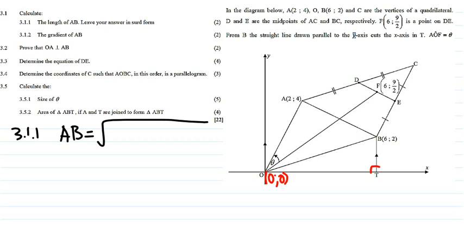So that is change in x all squared plus change in y all squared. What do I mean by that? I mean take the x value at A, subtract the x value at B, and then square that. Take the y value at A, subtract the y value at B, square that as well.